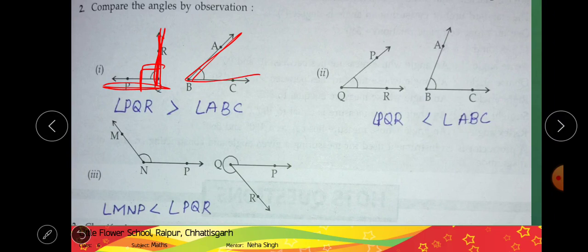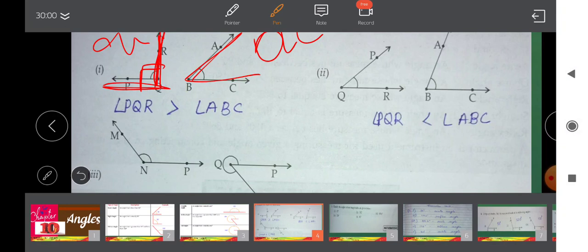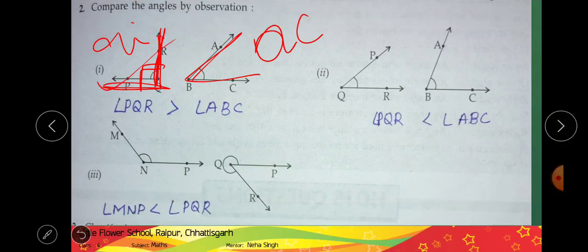So which means this is an acute angle, right? And this is a right angle. So which angle will be greater? Obviously right angle is greater, that is angle PQR is greater than angle ABC, right? Angle PQR is greater than angle ABC.